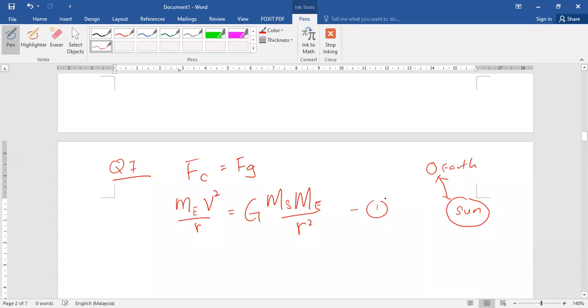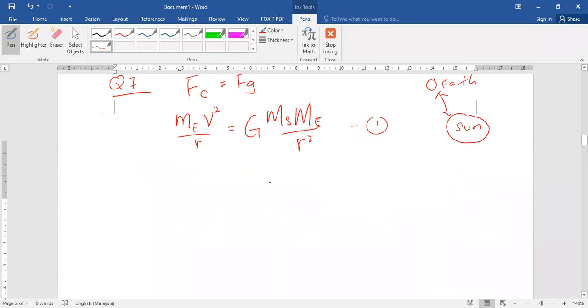Let's say this is equation 1. Equation 2: for 1 revolution, the period, the time taken for 1 revolution is equal to 2 pi r over v.